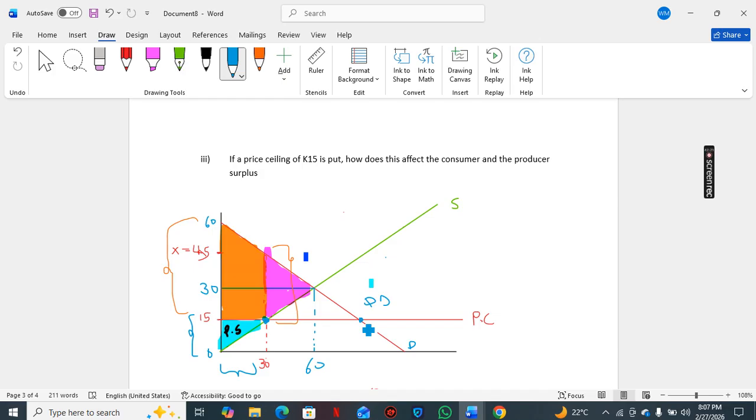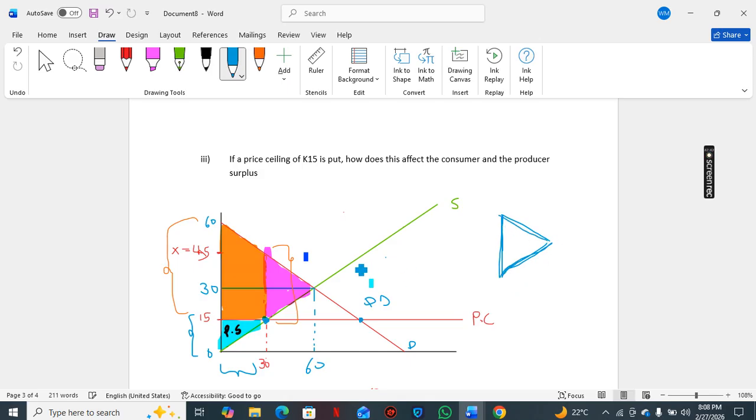So now we need to get the deadweight loss. This triangle here in purple. This is what could have been produced, but is lost due to this price ceiling.